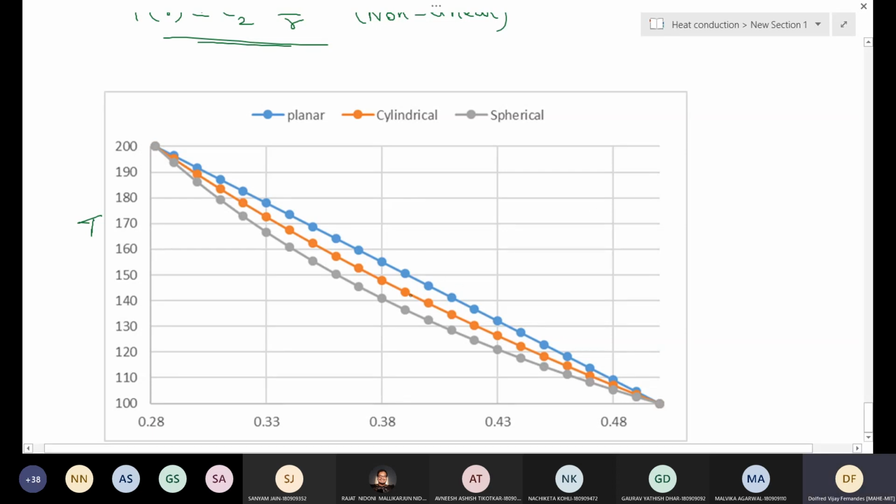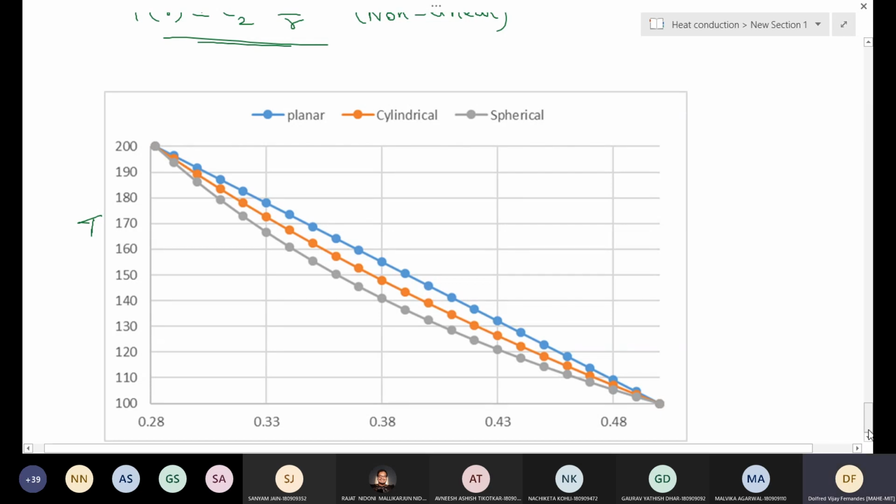It's very important. Just believing what I say is not enough. You do it yourself, see for yourself. Temperature profiles should be drawn, and then you should compare the rate of heat transfer. Q also you calculate and compare.